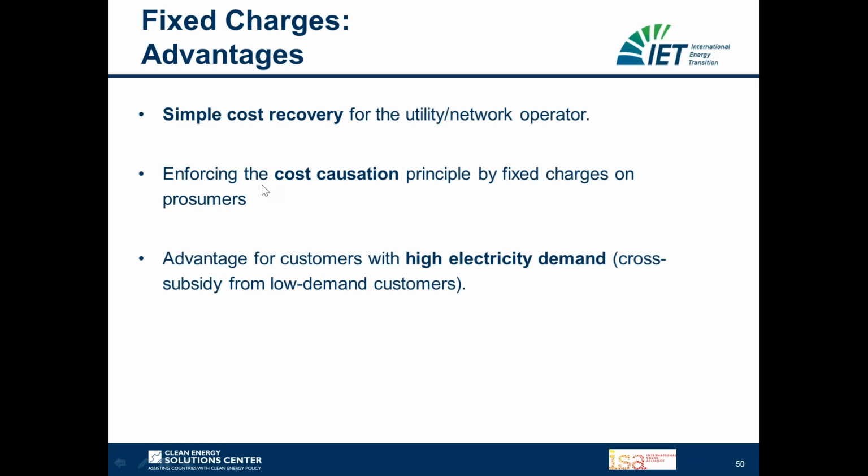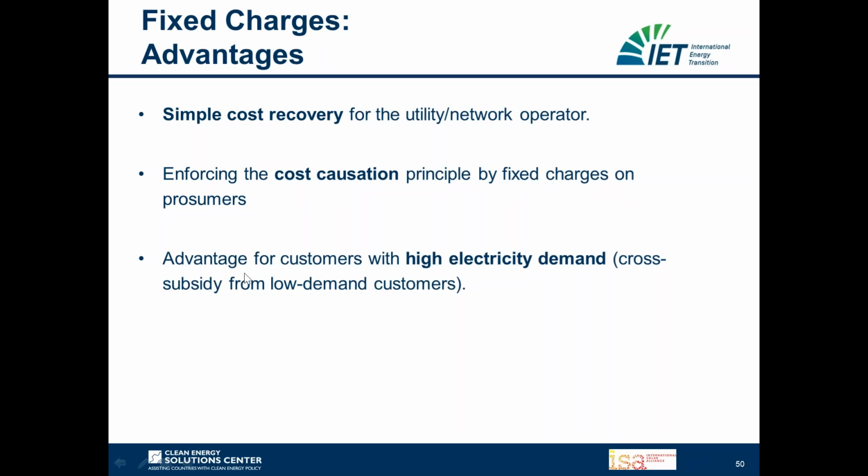They also, to a certain extent, enforce the cost causation principle, because as we've seen before, there might be cases where, once they become prosumers, they contribute less to refinancing the fixed cost of an electricity system. So by implementing the fixed charges, you can counterbalance this to a certain extent.